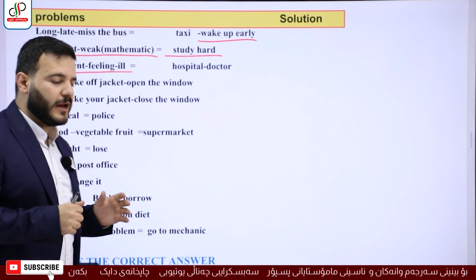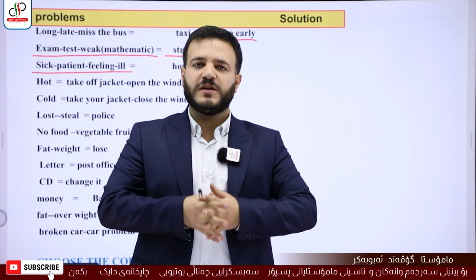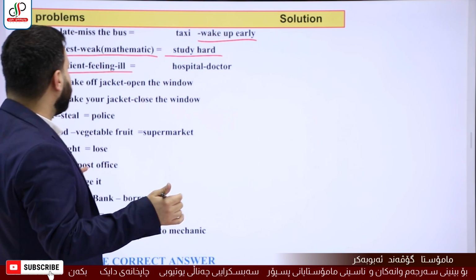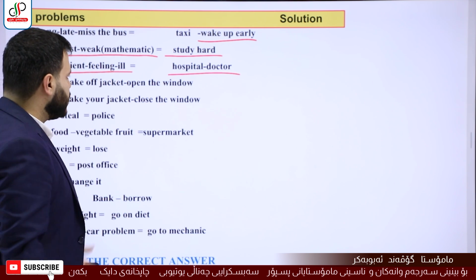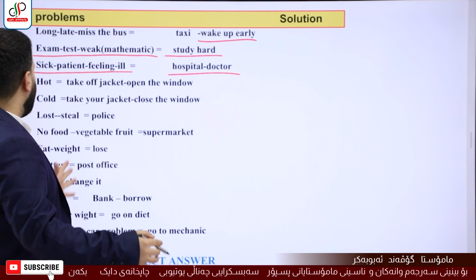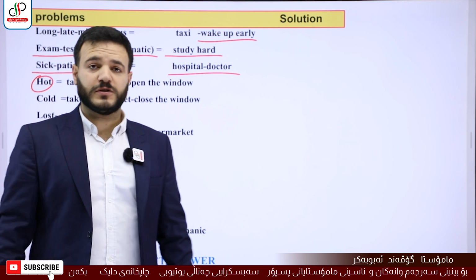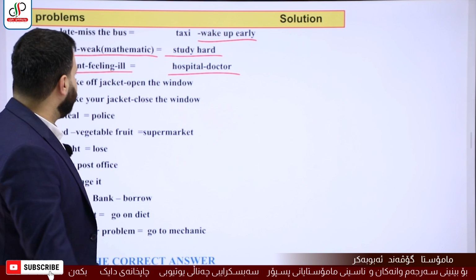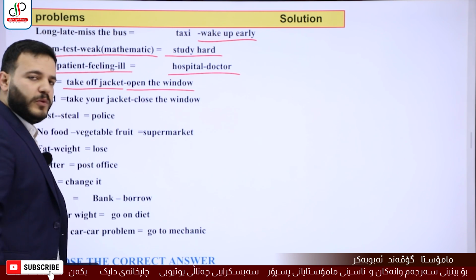How about if a person is sick or a patient? If somebody says, I don't feel well, what's your advice for him, for her? In that case, you have to go to see the doctor. You have to go to hospital. Whenever your friend is complaining that this room is hot, what's your advice? You have to say, take off your jacket or try to open the window.